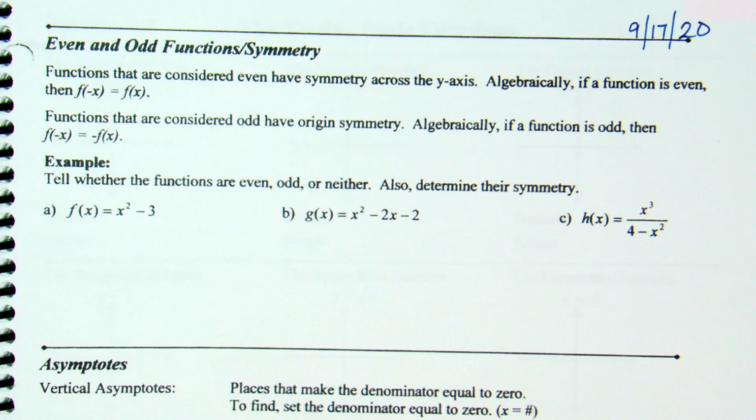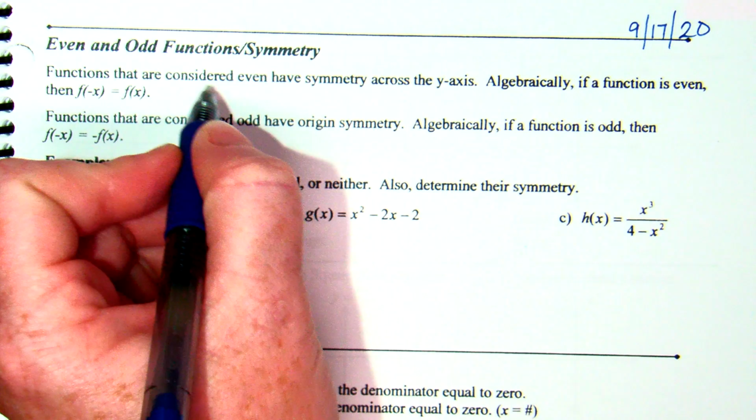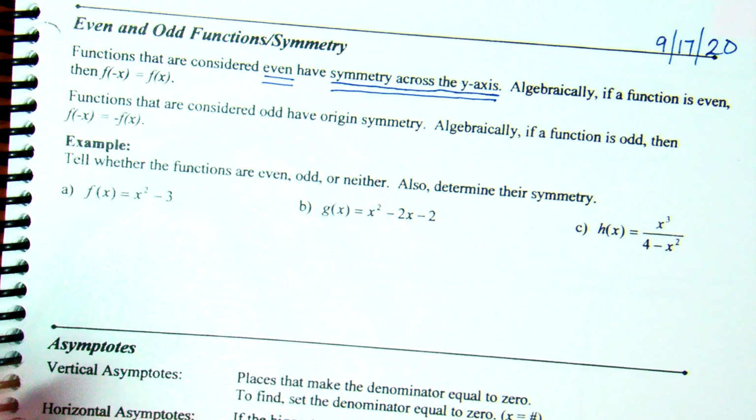If you look at some definitions here, first of all, if a function is called even, we can physically identify it because it has symmetry across the y-axis, that vertical symmetry. So if you're looking at a graph, you can identify that it is even if it has symmetry across the y-axis.